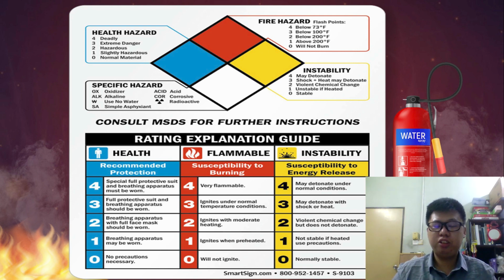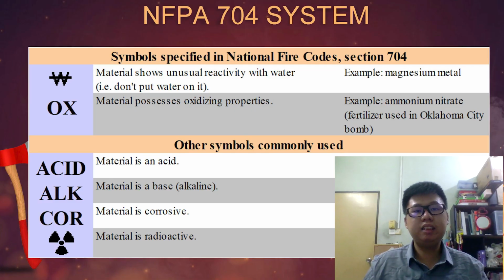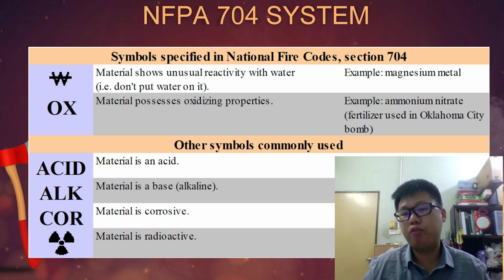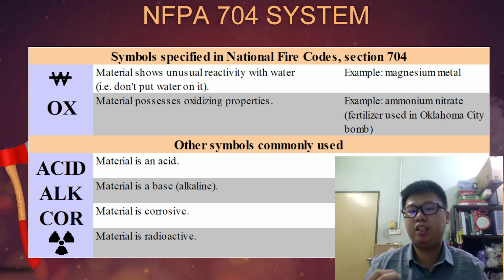So 0 means that they have the minimum or less hazard, while 4 indicates a very severe hazard for each of the criteria.